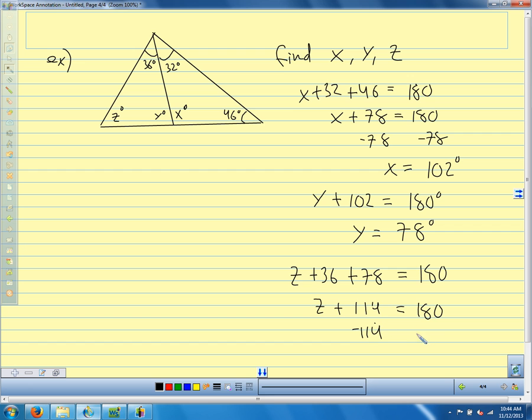Subtract 114, and z finally equals 66 degrees. So x is 102, y is 78, and z is 66. So we used the triangle sum twice, and we used a linear pair once. Questions on that example?